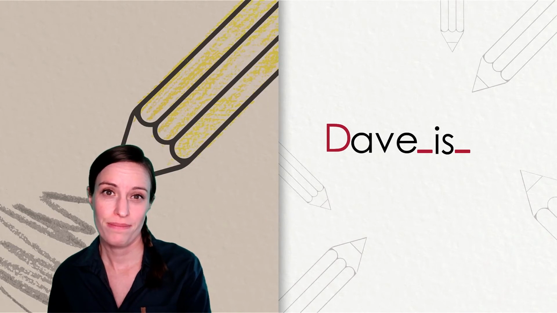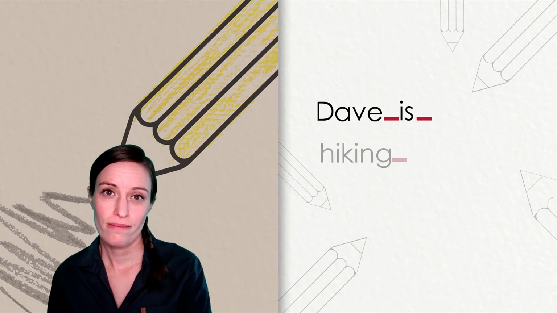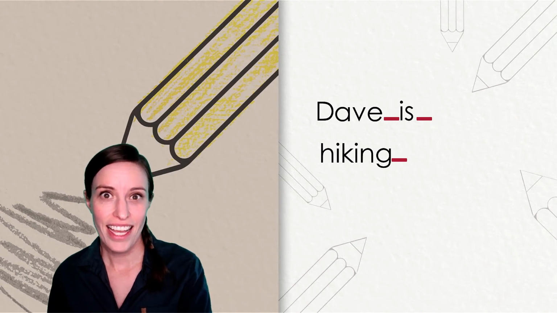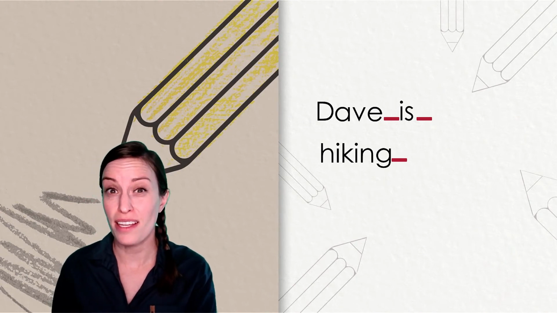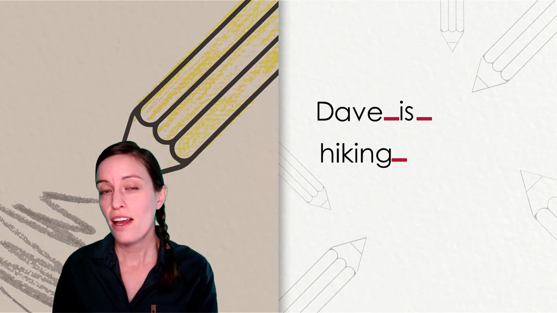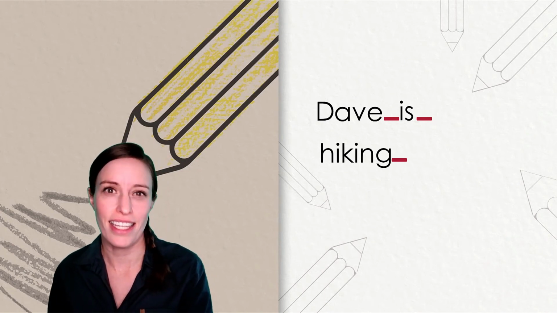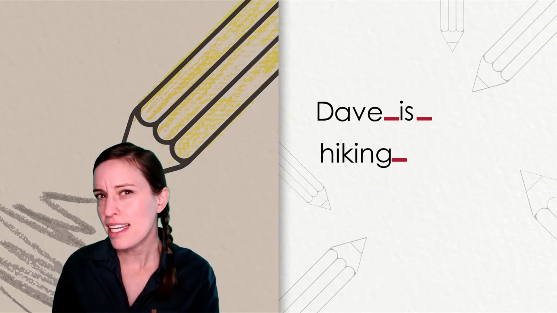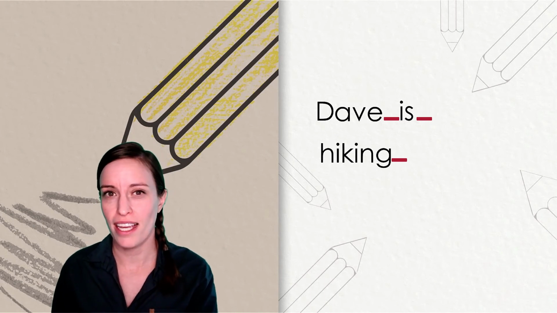Hiking. You can see how the suffix ing took the place of the silent E, but that silent E is still working invisibly.